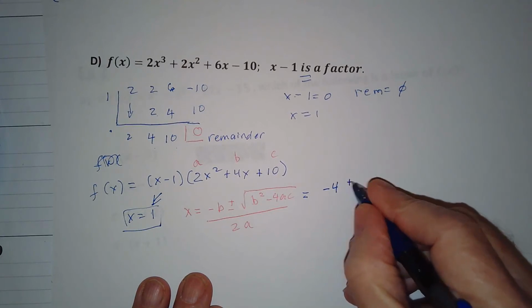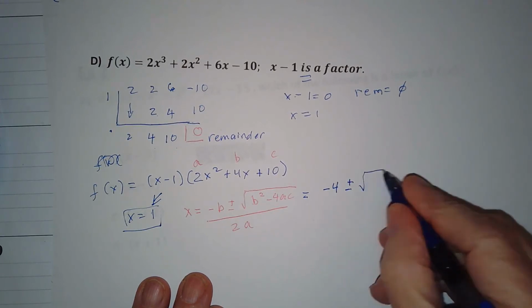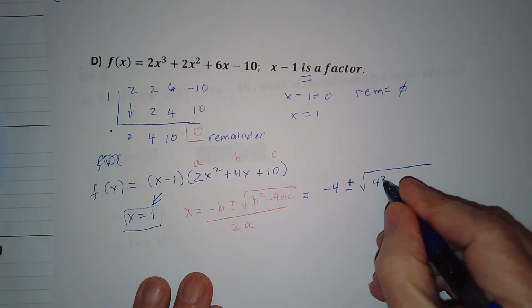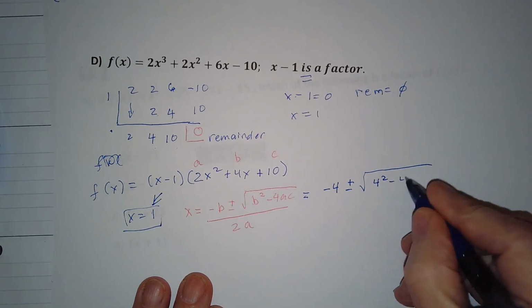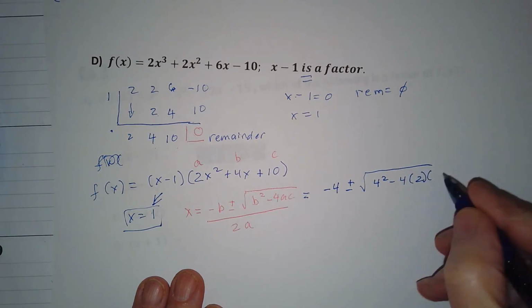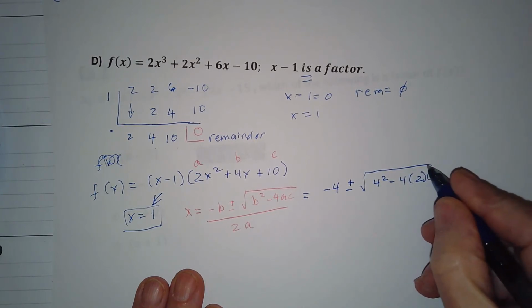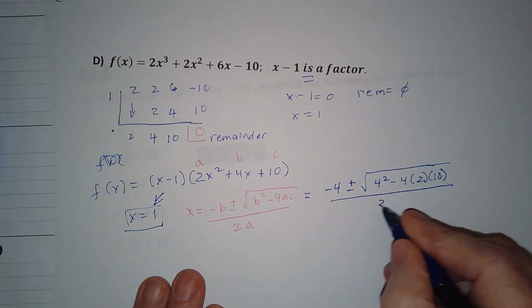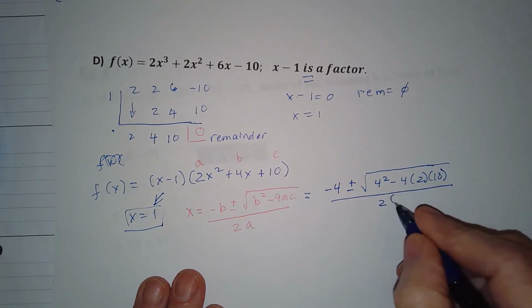And then plus or minus the square root of 4 squared minus 4 times a, which is 2, times c, which is 10, all divided by 2 times a, which is 2.